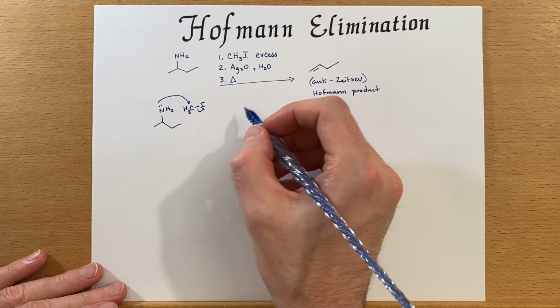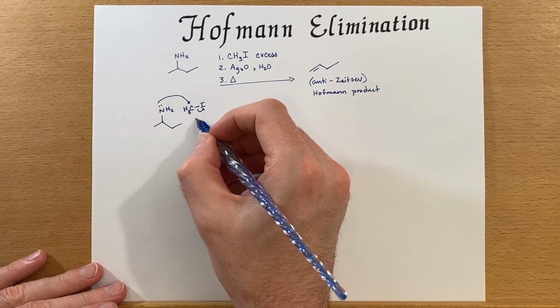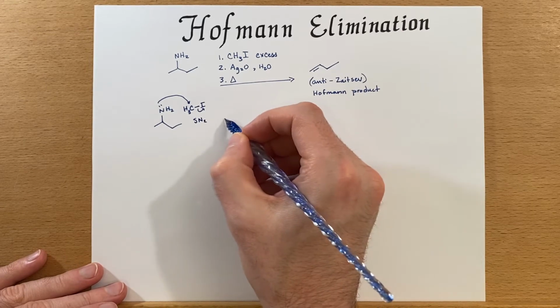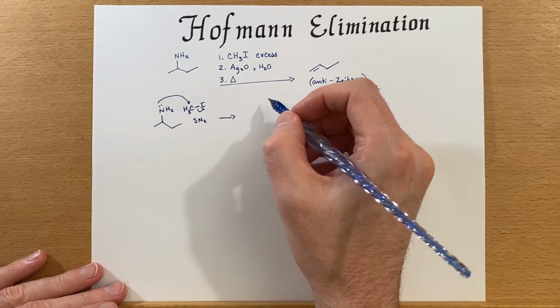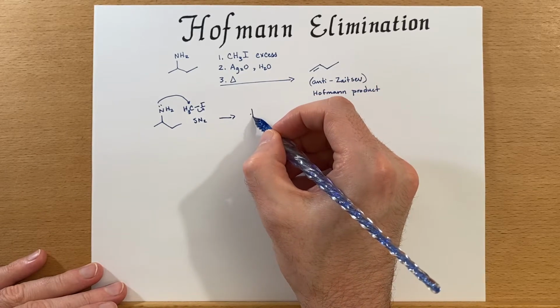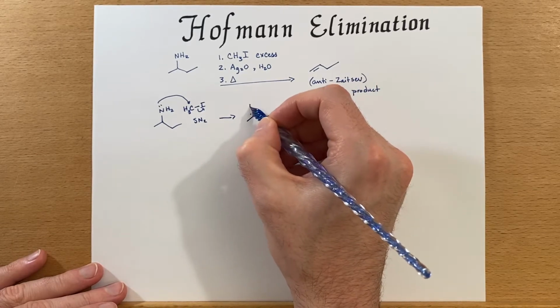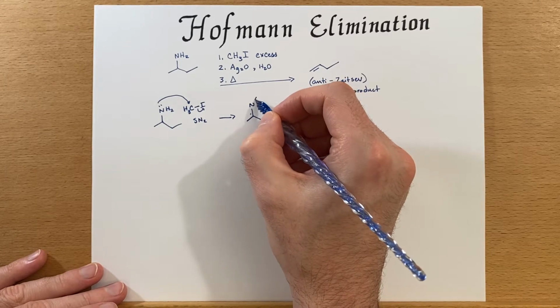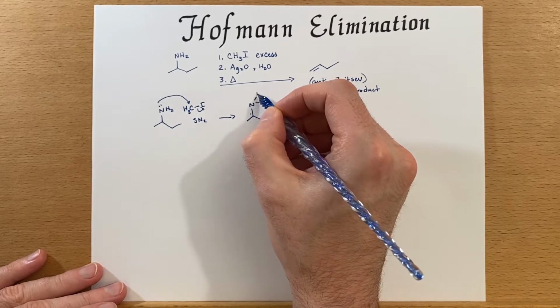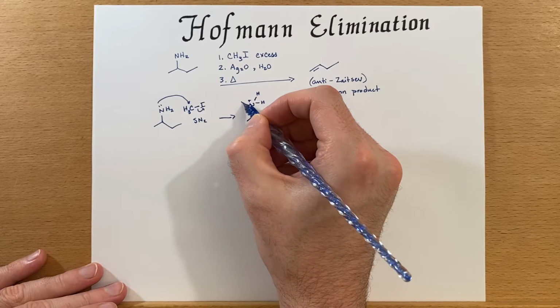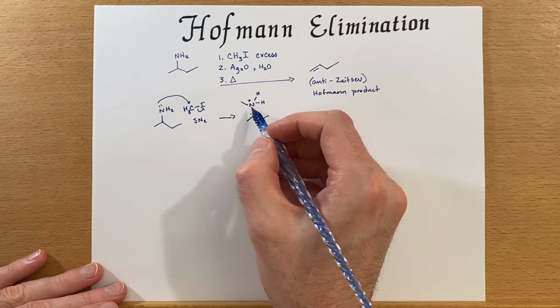So we have attack there. This is an SN2. Then we're going to form this intermediate. Now we've added a carbon group here.